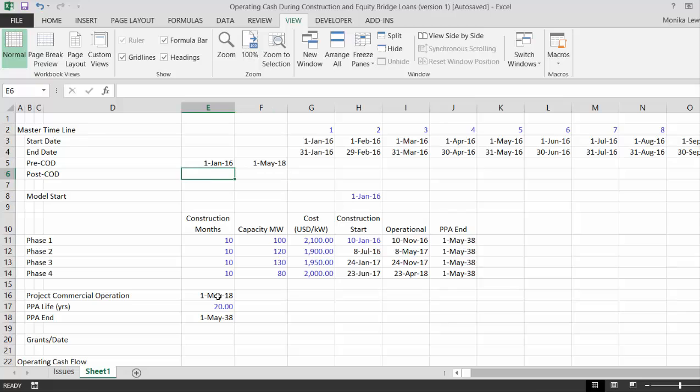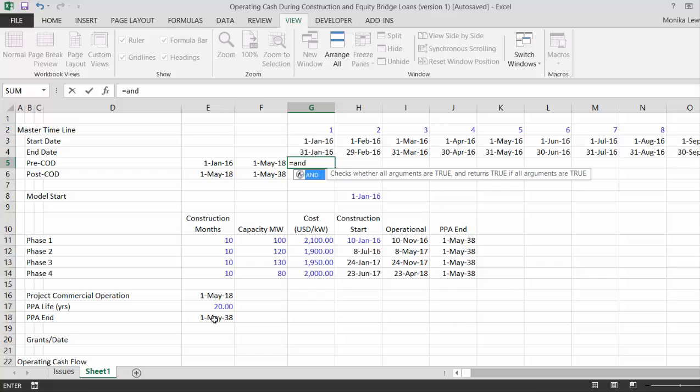project operation, and this we can start with the project, go to the project operation and just go to the end of it. And then we can use our AND function. And always you go to the beginning.